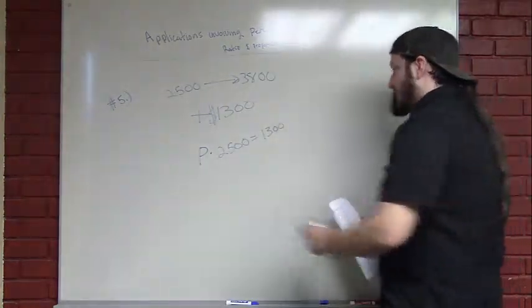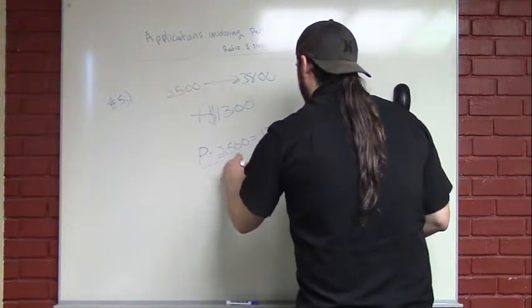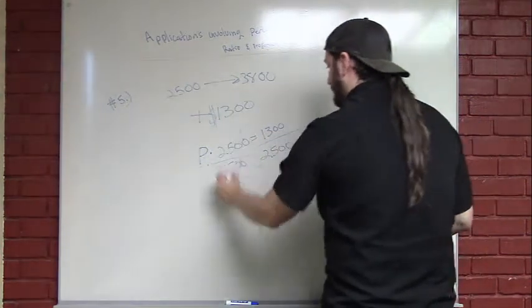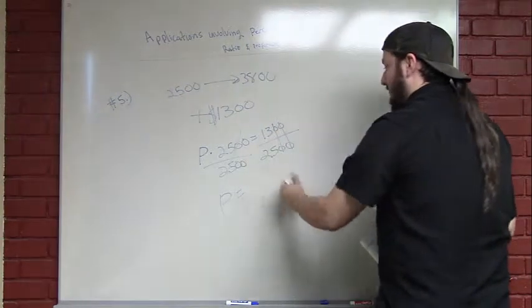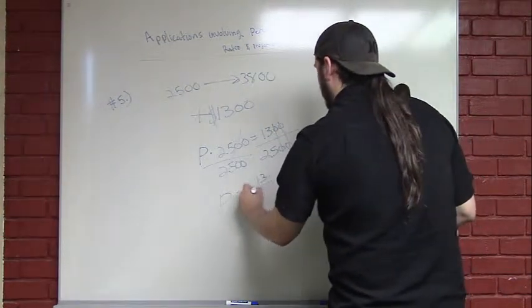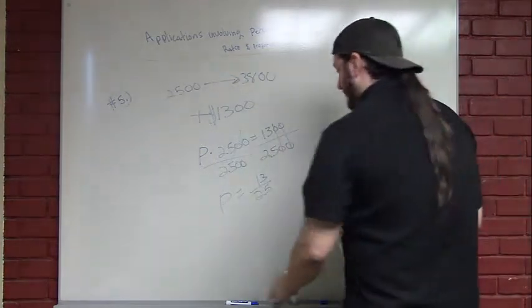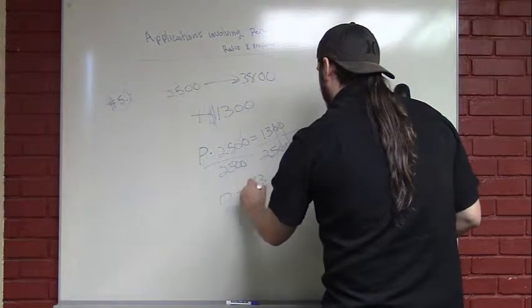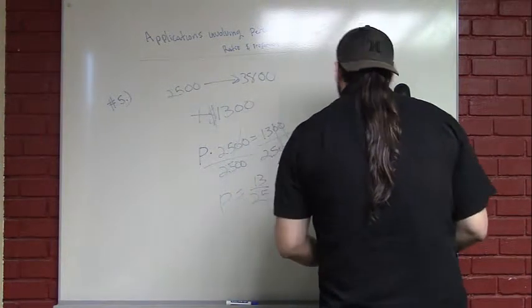With that being said, you just divide over 2,500. Okay, that goes away. P equals, well, these zeros can go off, so you got 13 over 25. 13 over 25, okay?